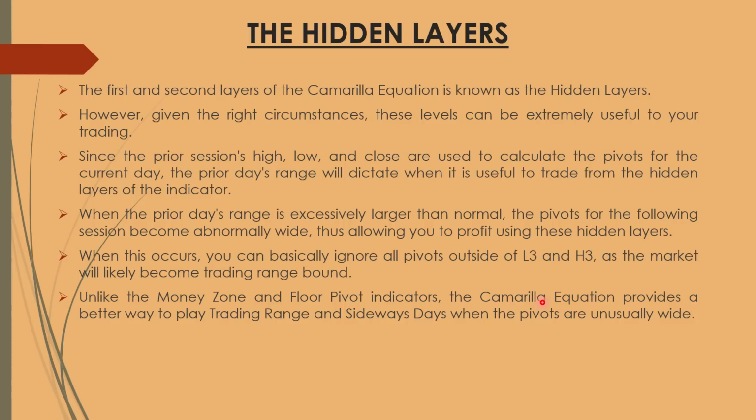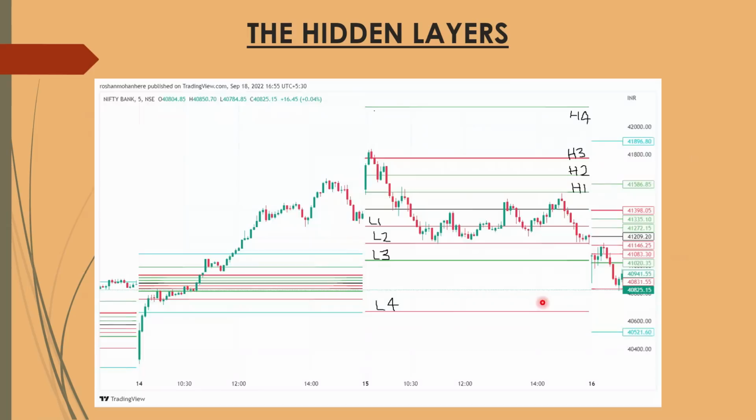When this occurs, you can basically ignore all pivots outside of L3 and H3 as the market will likely become range bound. Unlike the money zone and floor pivot indicators, the Camarilla equation provides a better way to play trading range and sideways days when the pivots are unusually wide.